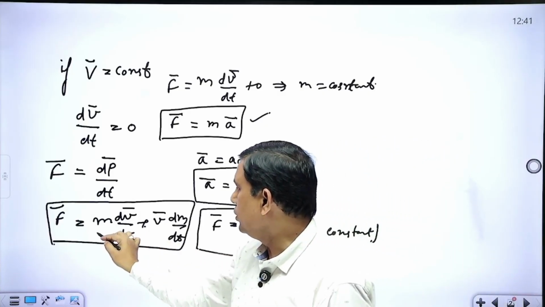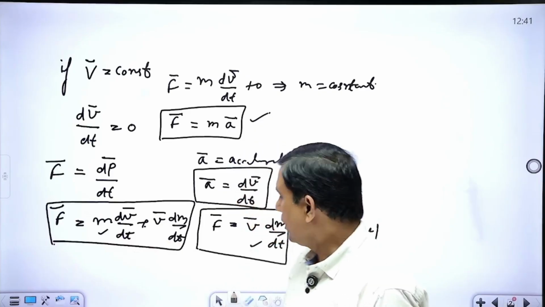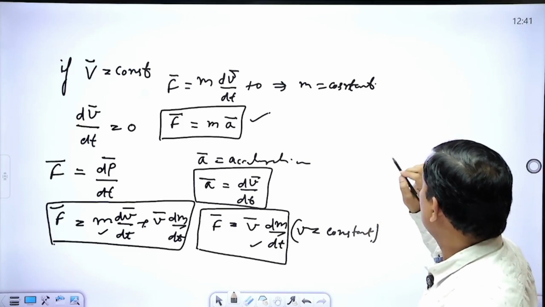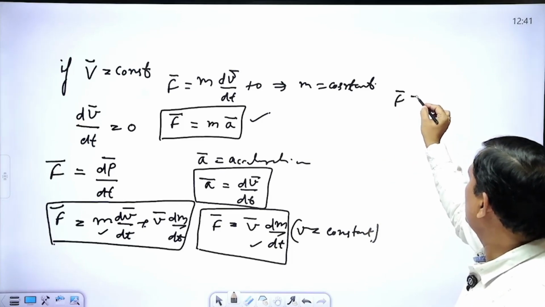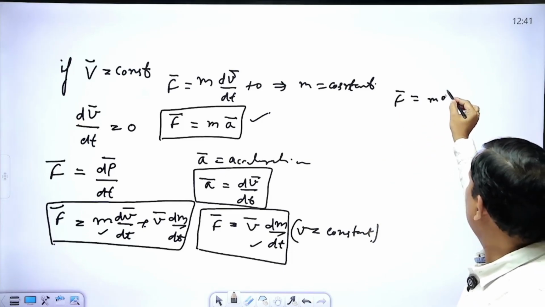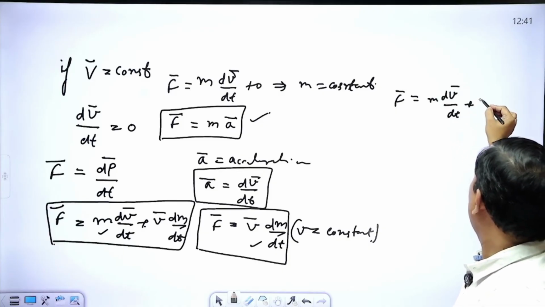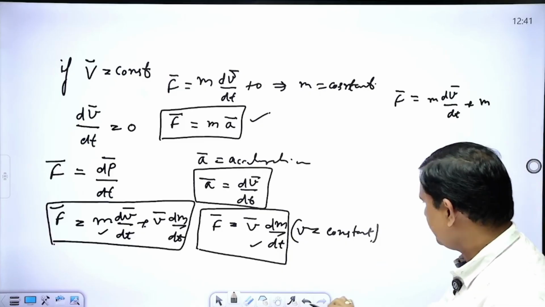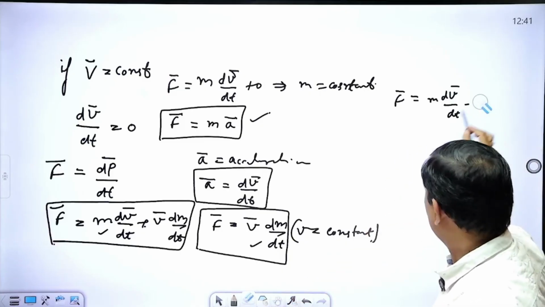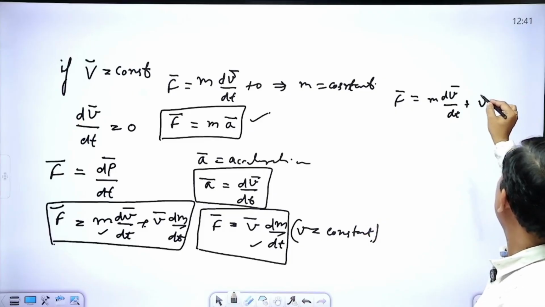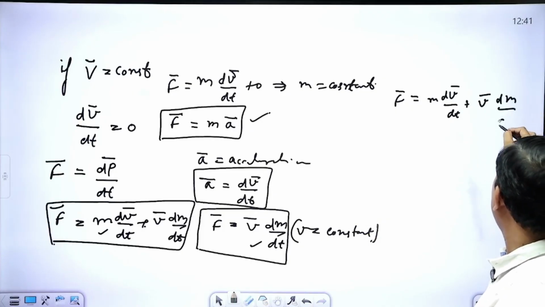If both change, then we use this formula. Always we use F vector equals m dv vector upon dt plus v vector dm upon dt.